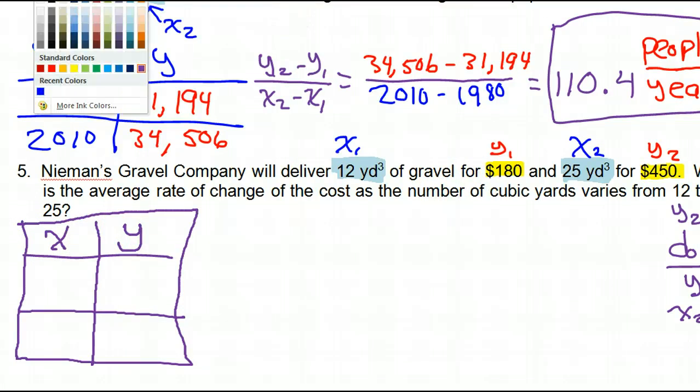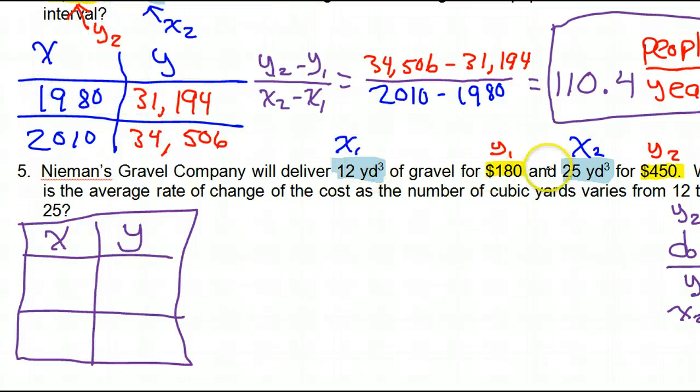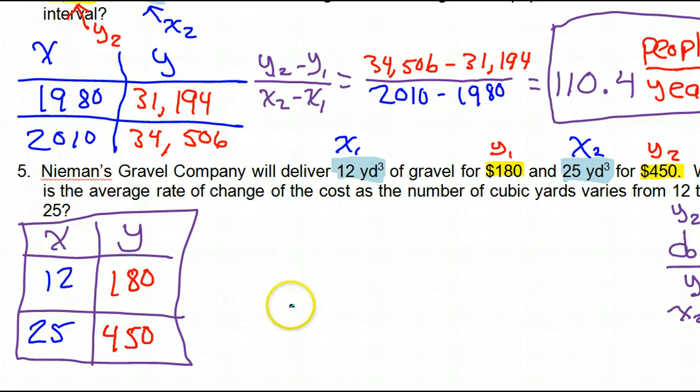Okay, so first the x's. I've got 12 cubic yards and 25 cubic yards. And for the y values, I've got $180 and $450. Okay, so let's go ahead and calculate the rate of change, which is just the slope.